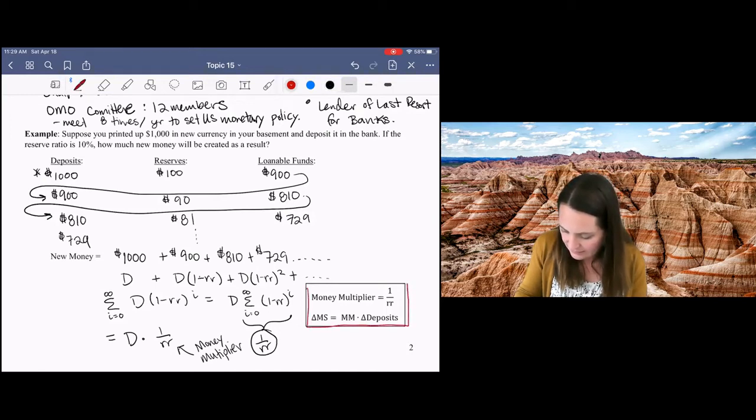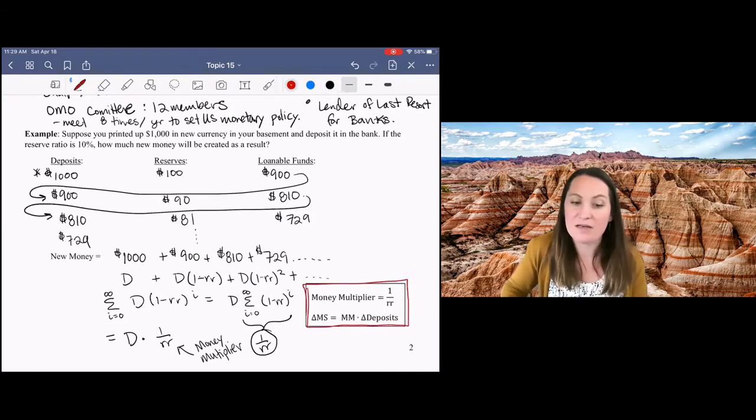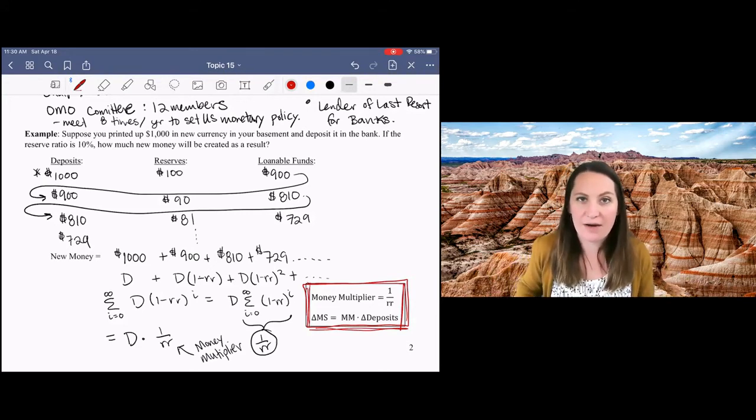Everything you need to know, so that if this example was a little bit confusing to you, in future examples, you really only need to refer back to what's going on here. But I wanted to show you where the money multiplier comes from so that you don't just take this as some arbitrary fraction that we pulled out of the air.